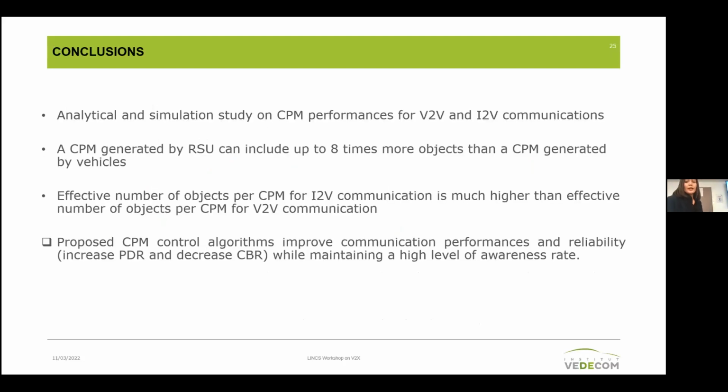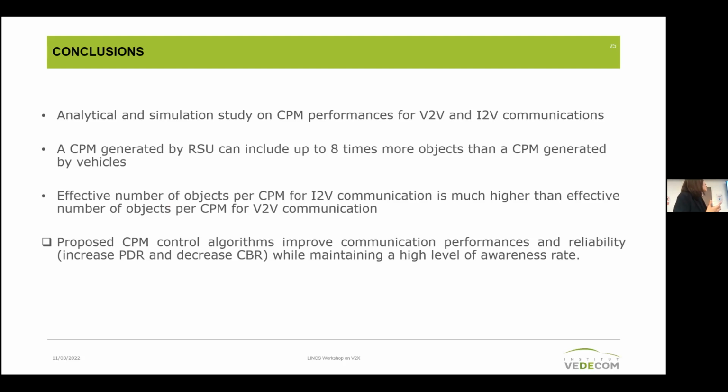So this is the conclusion so far. We made an analytical and simulation study on CPM performance for V2V and I2V communications, and we see that roadside units are quite interesting because they can include up to 8 times more objects compared to vehicles.